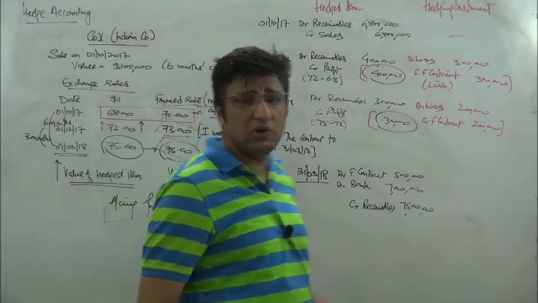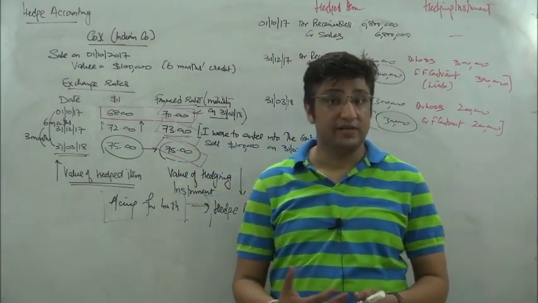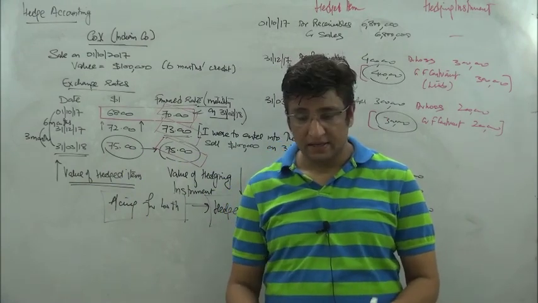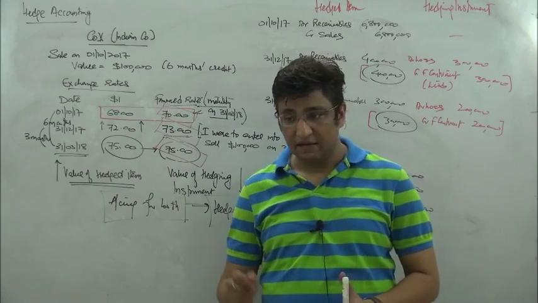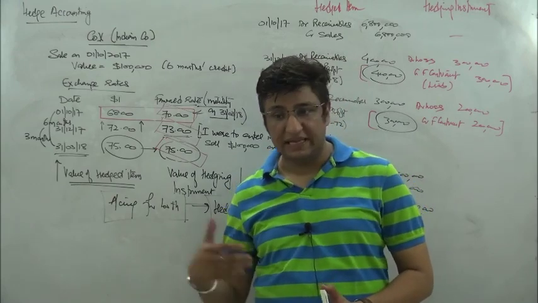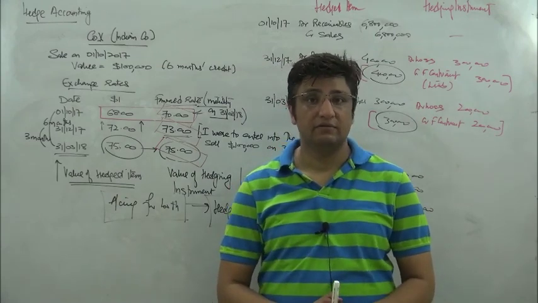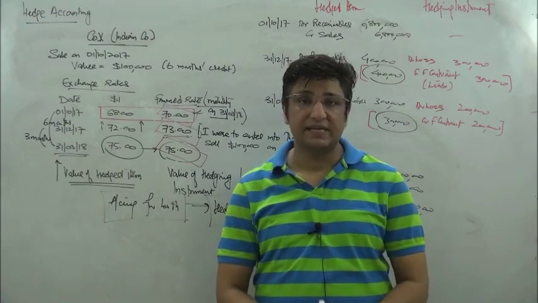A lot to do, a lot to talk about, making it more complicated, making it more interesting, I would say, and deal with that part, right? So I would like to hold on with my discussion at this point in time. We'll take more points with you later on and try to understand hedge accounting better with the next series of lectures, right?